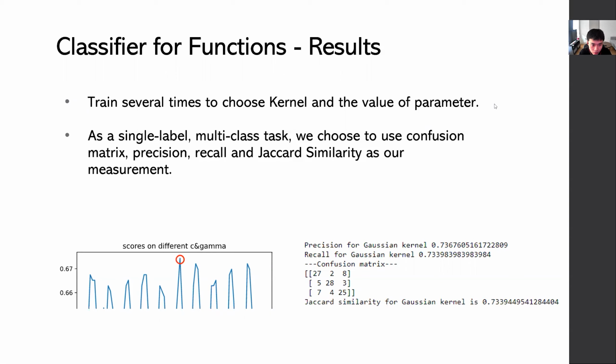Okay, then it's the results for the classifier for functions. To evaluate the model and to select the best kernel and the best value of parameters, we use some for loops to set the training and make our choice between all the training records.